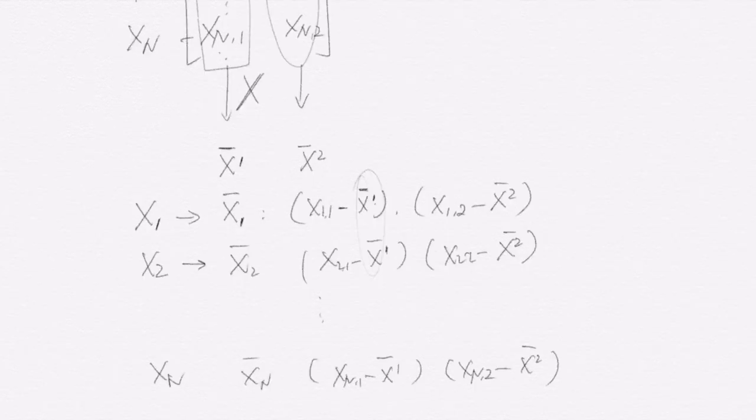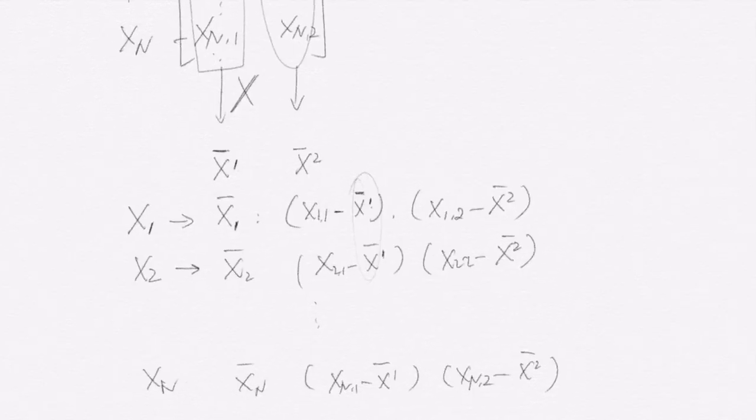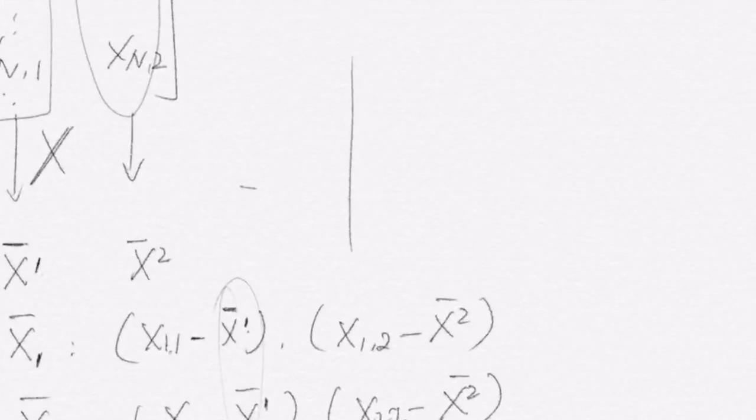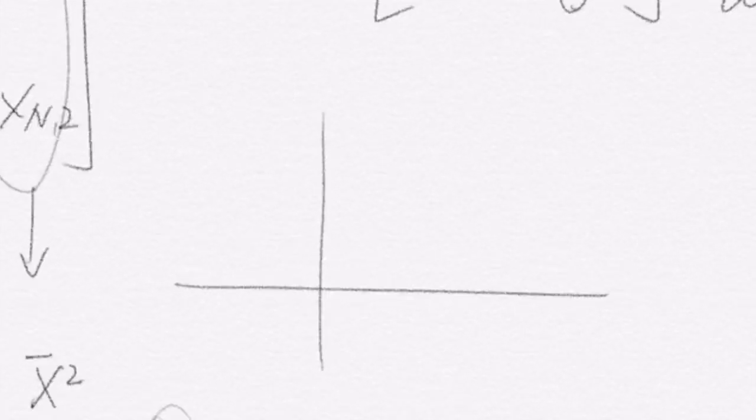If we draw it graphically, that would be like, if this is a data space and the original distribution is at this point.